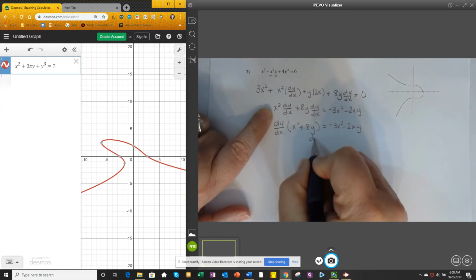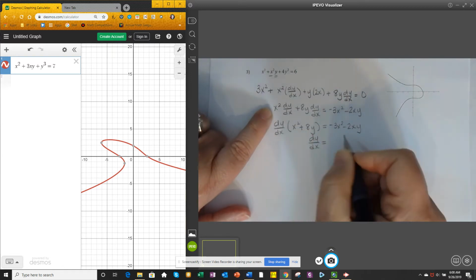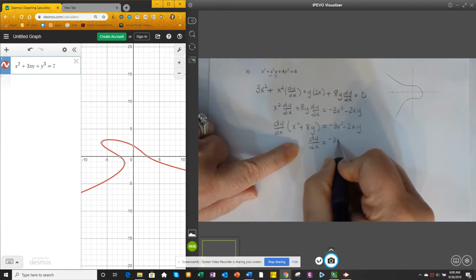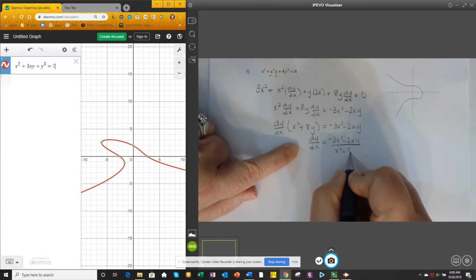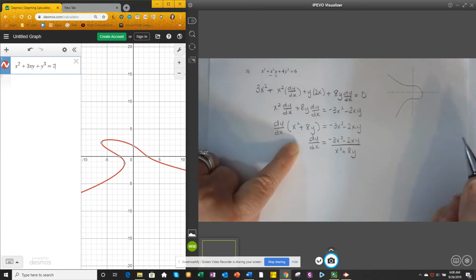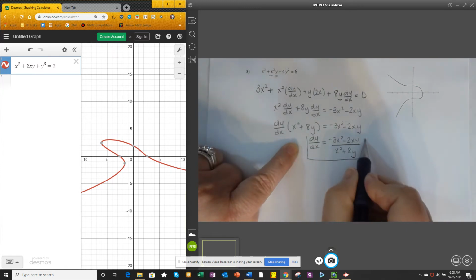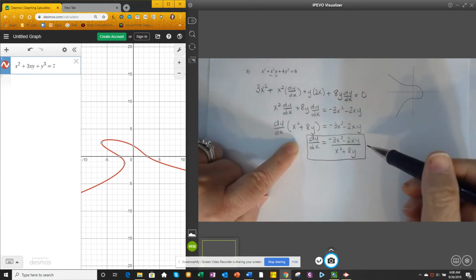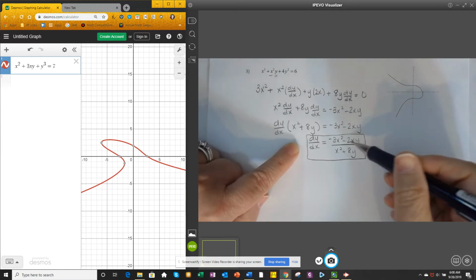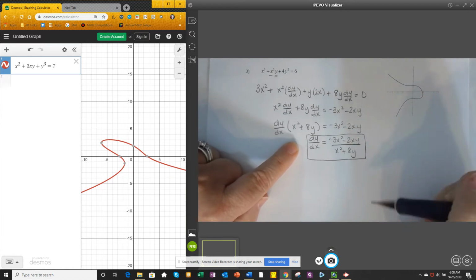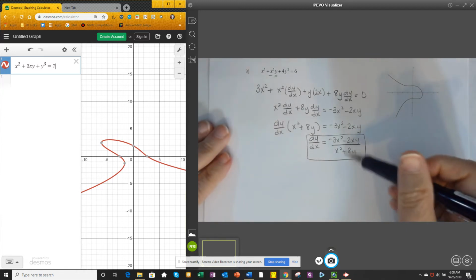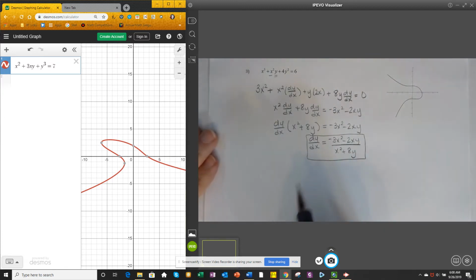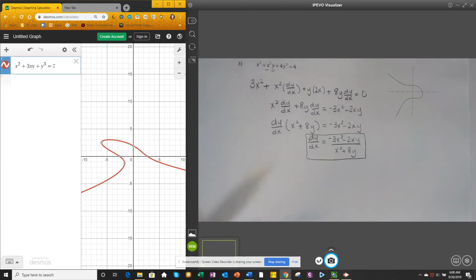And then dividing, getting the dy dx all by itself, negative 3x squared minus 2xy all over x squared plus 8y. And there's our derivative. Now it's pretty complicated, but if you knew the point you wanted the slope at, you would just plug in x and y and find the slope. And then you could find the equation of the tangent line once you had that slope and the point. Okay? All right, let's move on. Number 4.